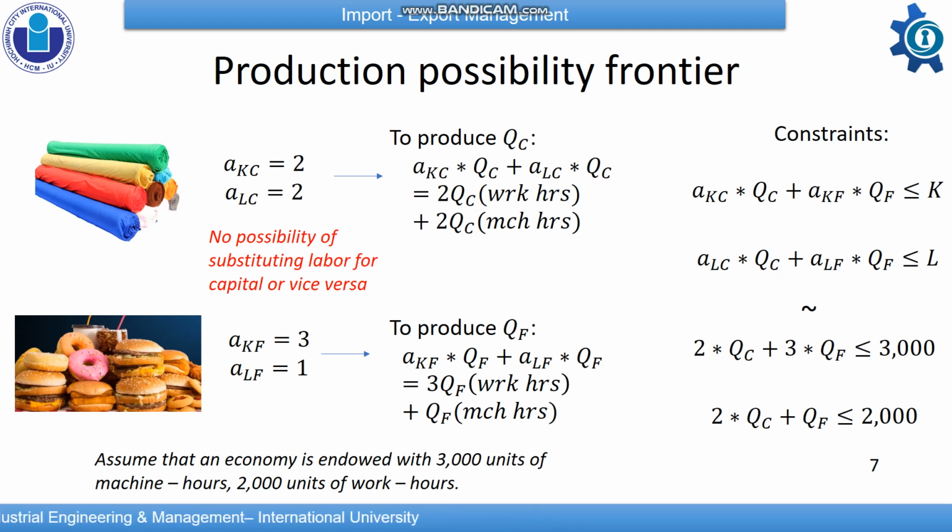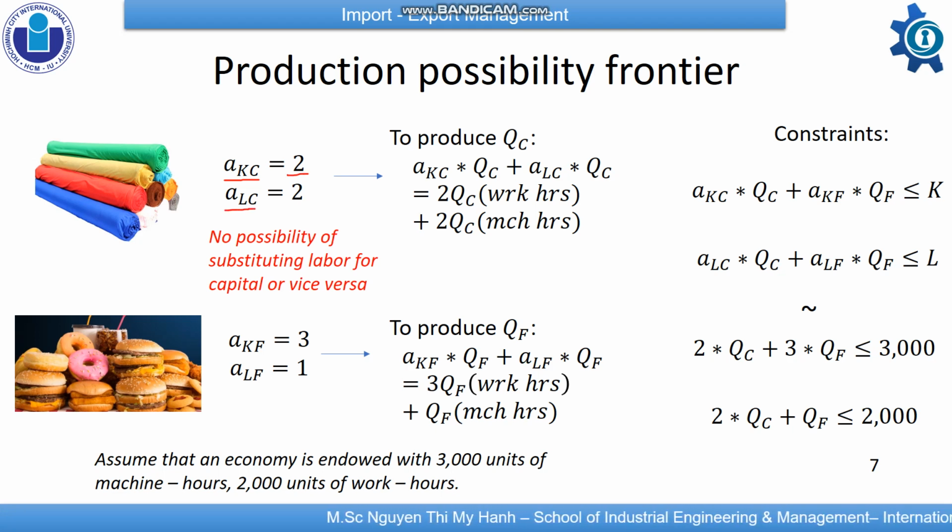Okay, let's look at this example. We have the capital used to produce 1 meter of cloth is 2, and the labor used to produce 1 meter of cloth is also 2.